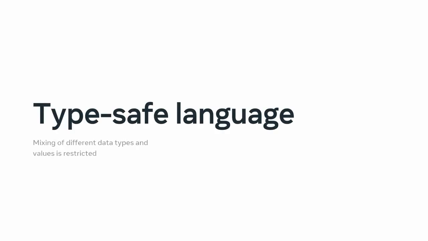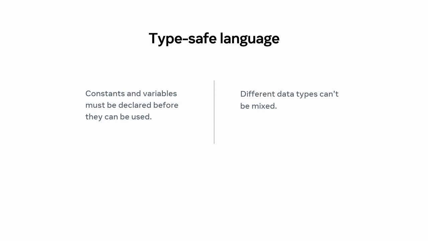Okay, before you finish up, let's explore one of the main ways Swift helps you work with constants, variables, and data types to help write error-free code. Swift is known to be a type-safe language, and this essentially means that there are restrictions on mixing different data types and values. For example, constants and variables must be declared before they can be used, and you can't mix data types.